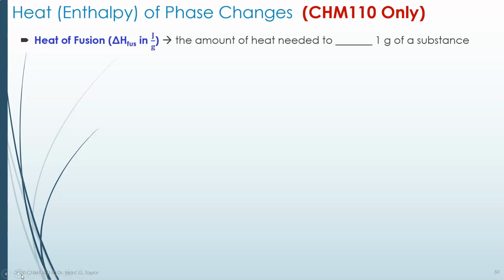So the heat of fusion, otherwise known as the enthalpy of fusion, is abbreviated delta H. H is for heat or enthalpy specifically. So this delta H fusion is the amount of heat needed to melt 1 gram of a substance.